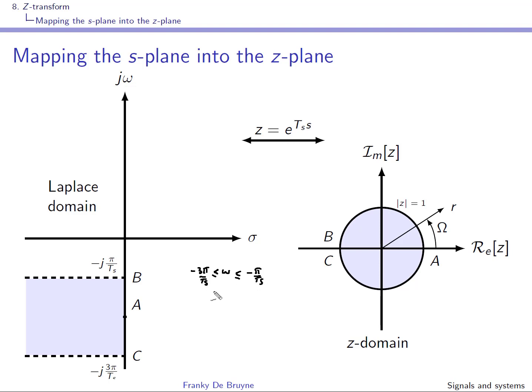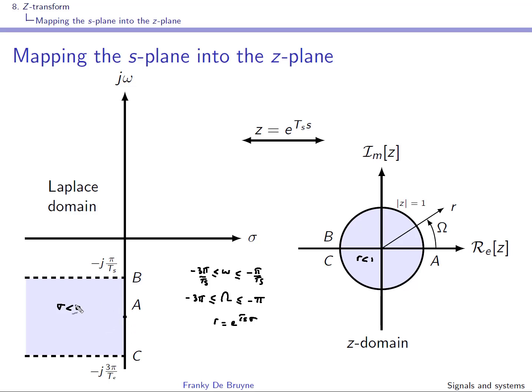This corresponds to discrete frequencies from minus 3 pi up to minus pi, and here we have sigma smaller than 0, since we have r equal to e to the ts sigma, so this will correspond to the region r smaller than 1.